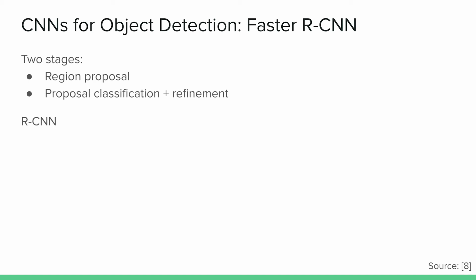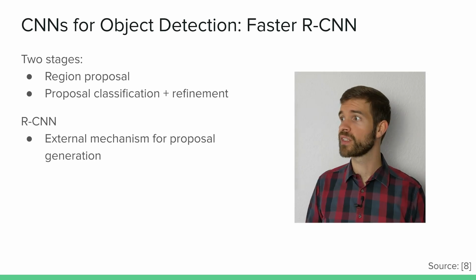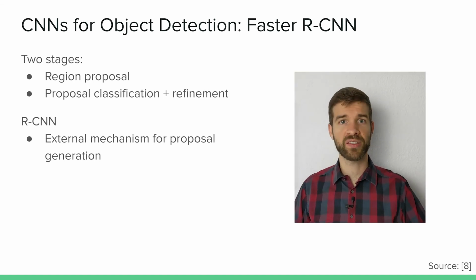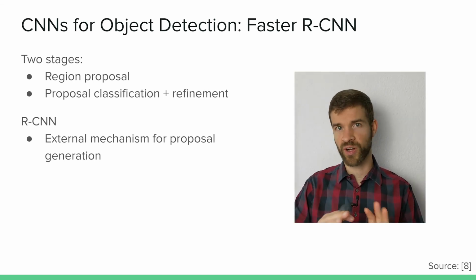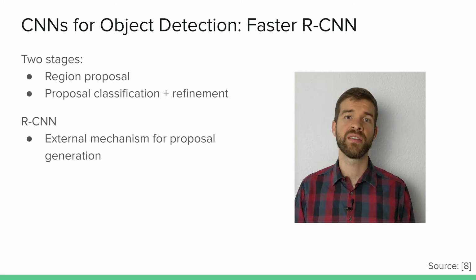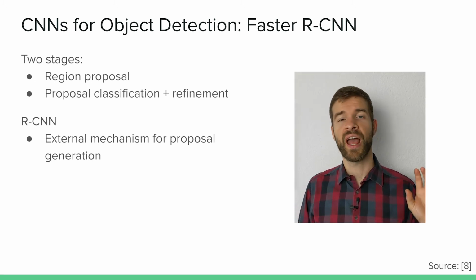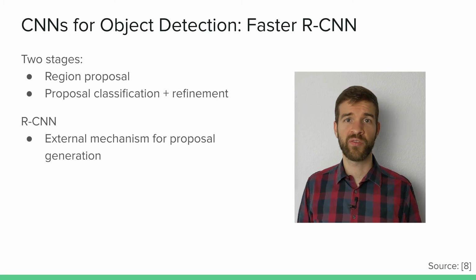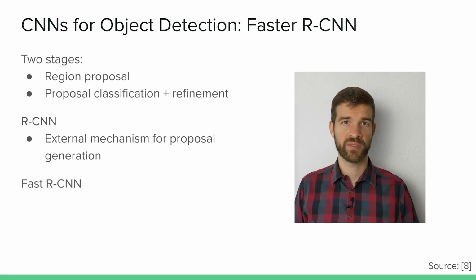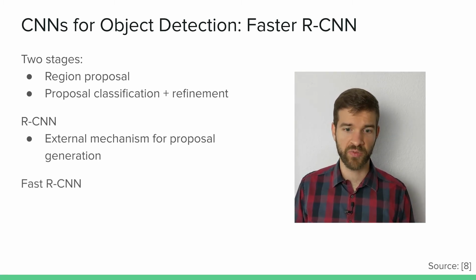RCNN was the first thing that used this in such a way that it had an external mechanism to create these proposals, this first stage. For example, there was kind of a bottom-up clustering algorithm that tried to find good regions that belong together, and each of these things was then fed into a network that classified this, as we've seen before.